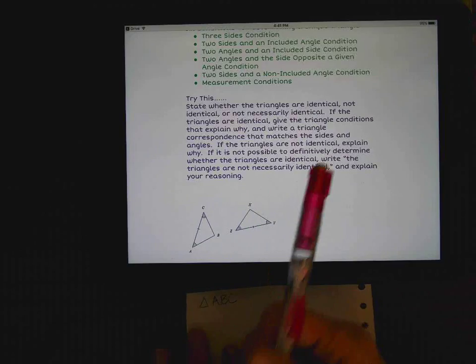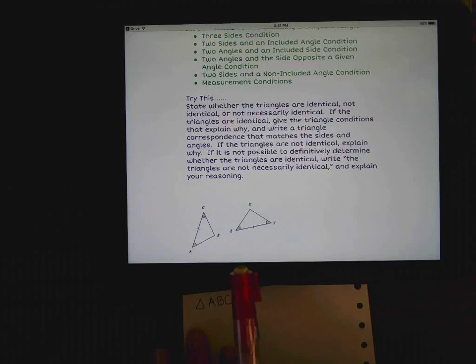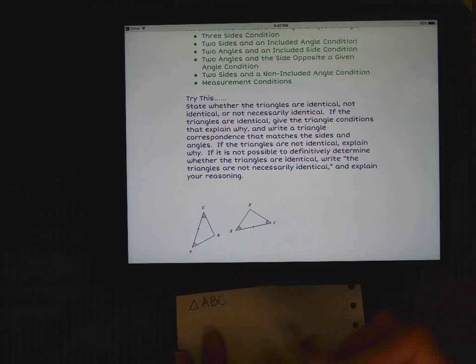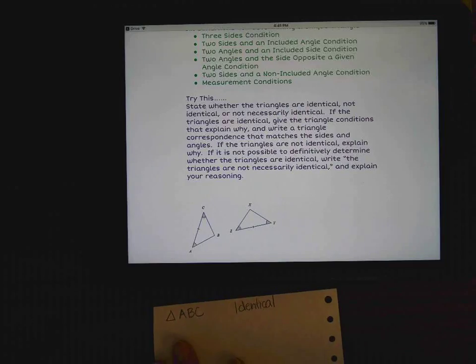Okay? Remember, state whether the triangles are identical, not identical, or not necessarily identical. So I would say on this one, the answer would be identical, because you're supposed to state whether they are, right? And then it says, if the triangles are identical, give the triangle conditions that explain why. Okay, so we know they're identical.